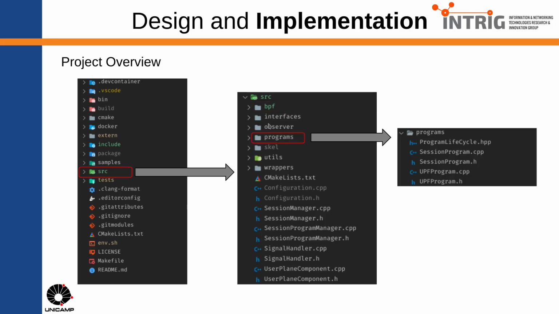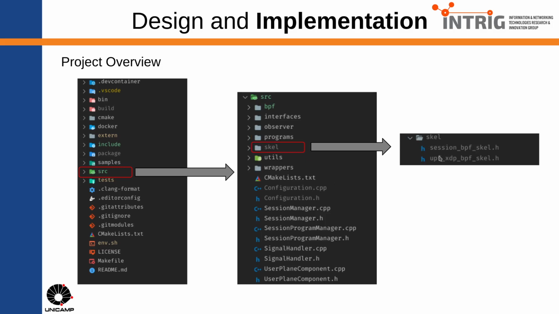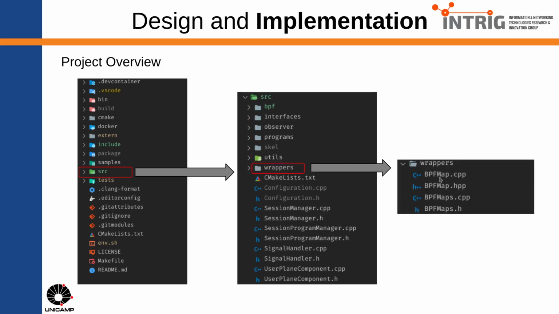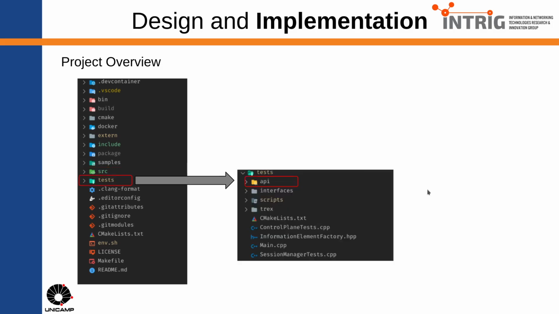We have here the user space classes. Here we have some classes in order to program the life cycle of the programs, and some abstraction regarding the session programs and the entry point. The skeleton that is generated using bpftool, some library for logging, and some wrappers for the BPF maps.